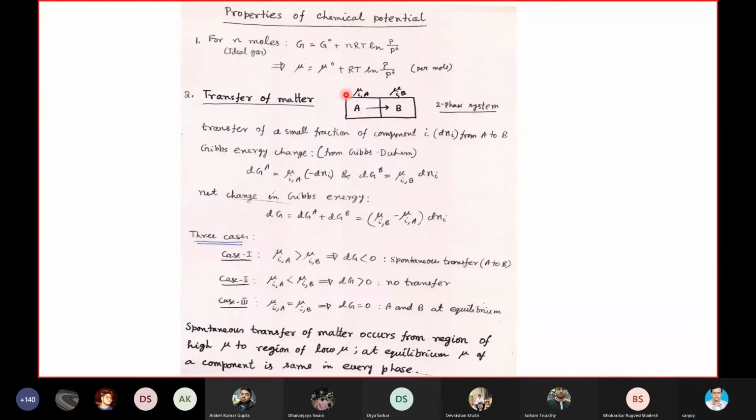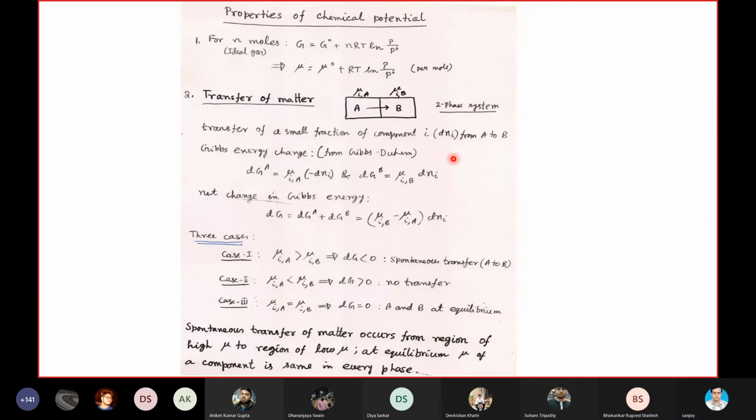Let us assume that in this two-phase system, a small fraction of one of the components, the ith component, transfers from phase A to phase B. In phase A its chemical potential was mu iA, and in phase B its chemical potential was mu iB. So a small amount, dNi moles, transfers from the left-hand side to the right-hand side, A to B.